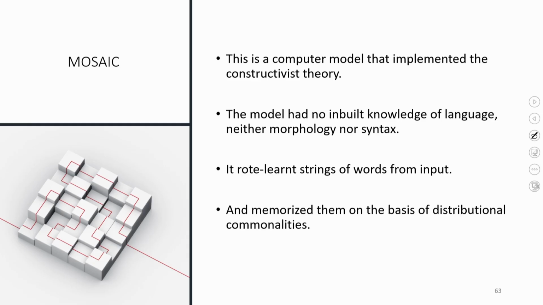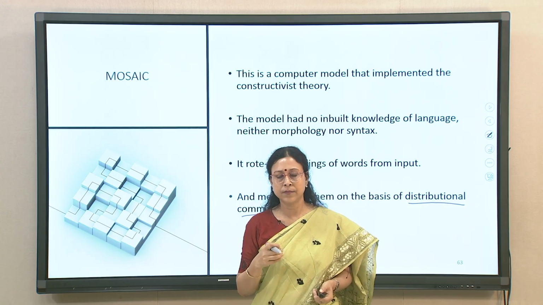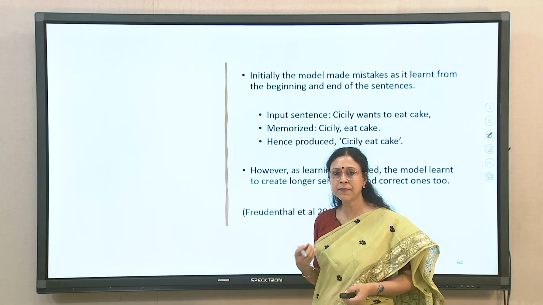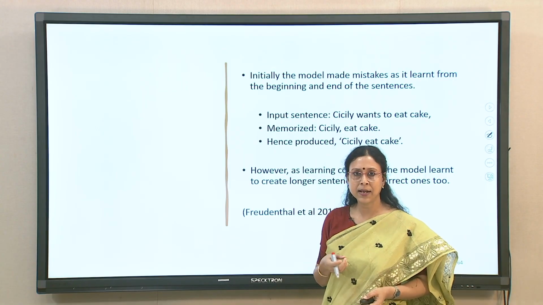So, it rote learned strings of words from the input. First they learn the words and memorize them on the basis of distributional commonalities. That is what we talked about just now, that there is a similarity in terms of the position, in terms of the meaning and so on. So, the same theory applies to this model.